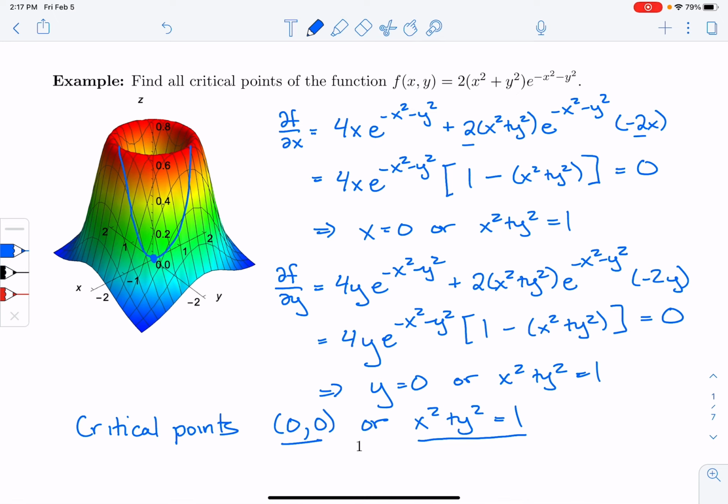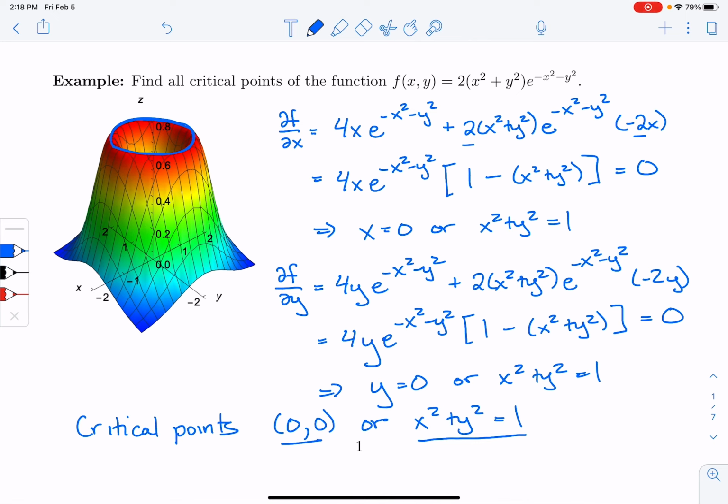And then there's this cool local maximum that's going on, right here, this lip of the volcano around the circle x squared plus y squared equals 1. There, when x squared plus y squared is equal to 1, we have a maximum. And that is a local maximum, or in this case, actually, it's a global maximum, but all the points on there form a global maximum.